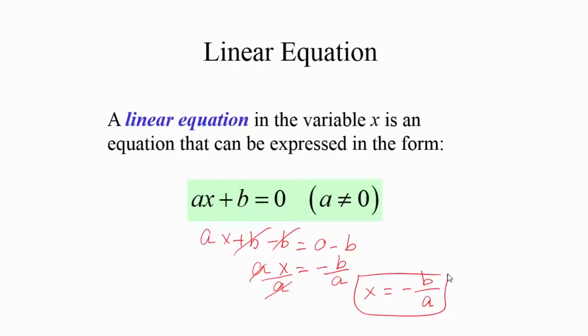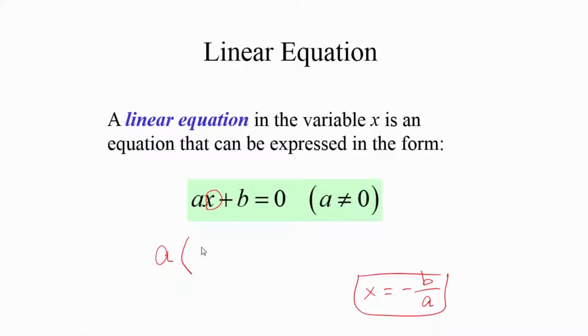Okay, so that's simply, again, a and b are real numbers. What we are saying is, if for x in here, I go ahead and plug in minus b divided by a, the left-hand side would be equal to the right-hand side. So let's go ahead and do it. In place of x, I'm going to put this value I found. So a times minus b divided by a, plus b.